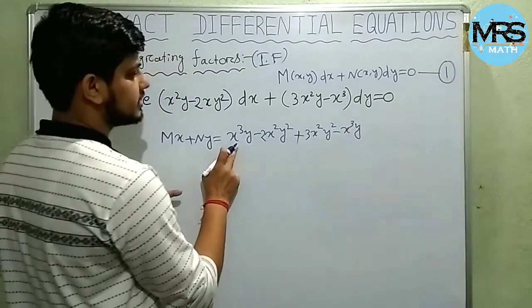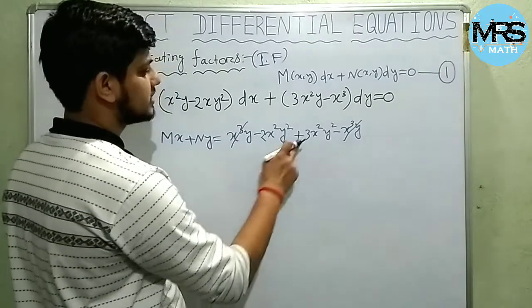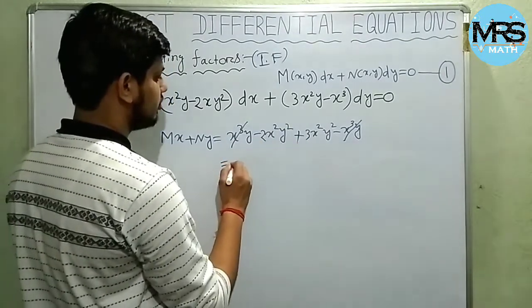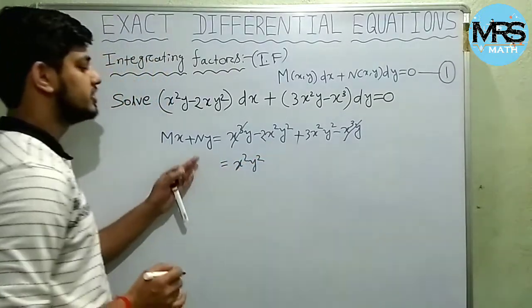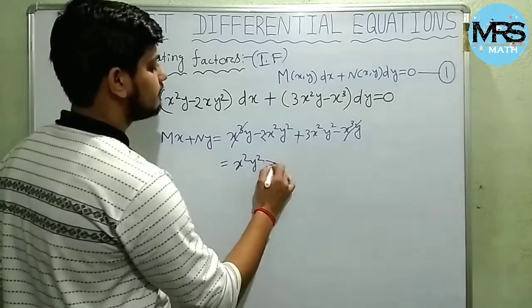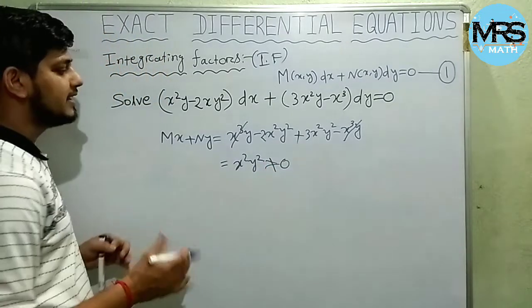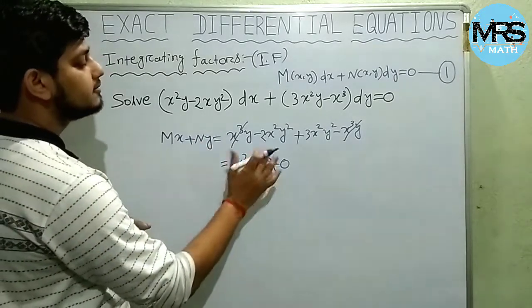So this is plus x cube y and minus x cube y, it is cancelled. So this is 3x square y square minus 2x square y square, that will be x square y square. So this is not equal to 0.